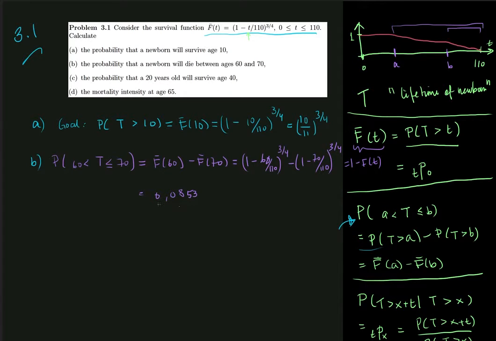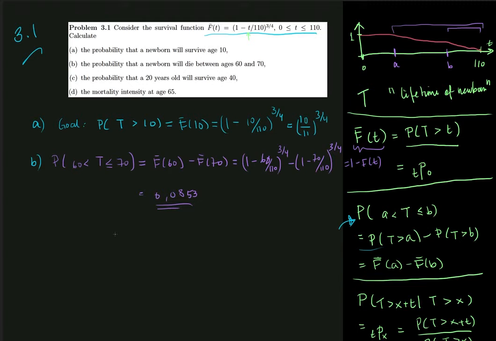So in this exercise, we get that there is approximately an 8.5% chance of a newborn dying between ages 60 and 70. So that's kind of the same as 1 out of 12 newborns will die between ages 60 and 70. Now note that does not mean that the rest of the newborns will survive past age 70.